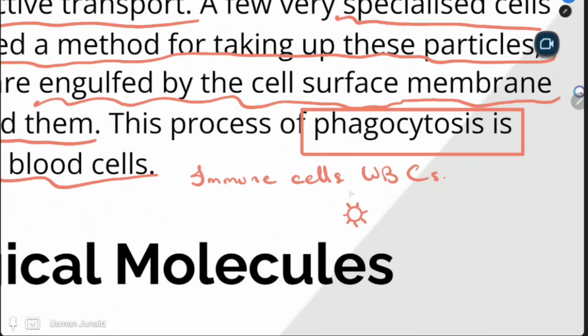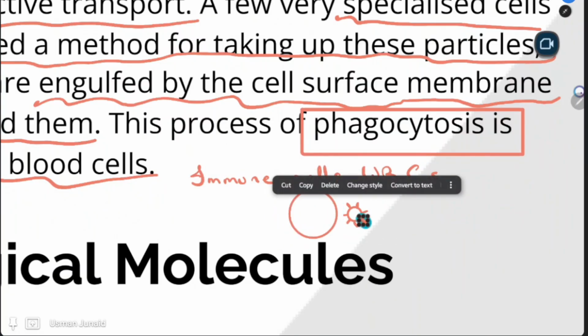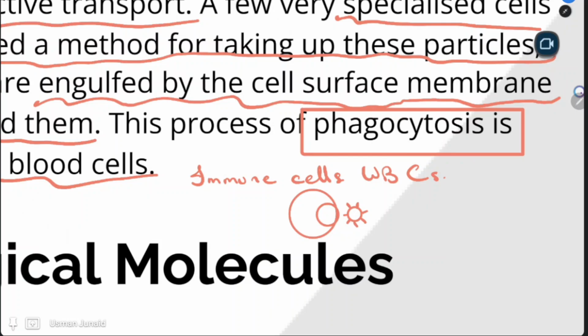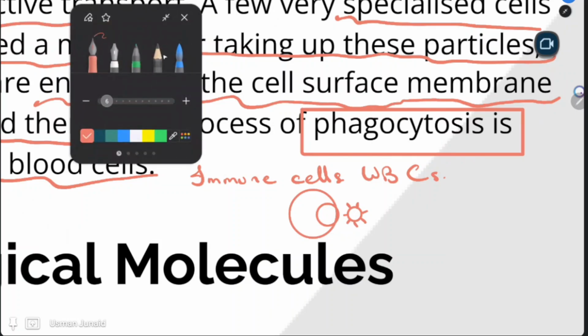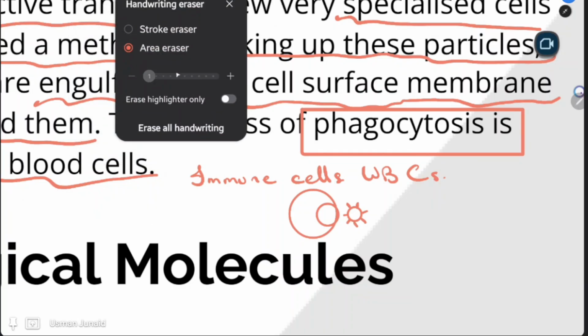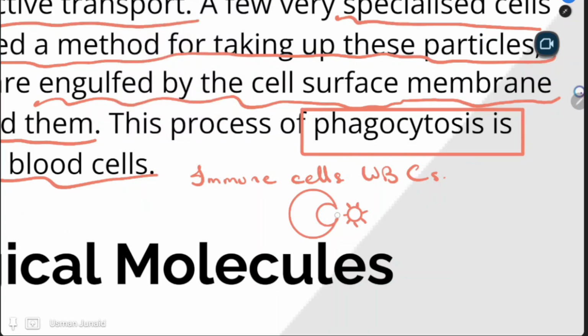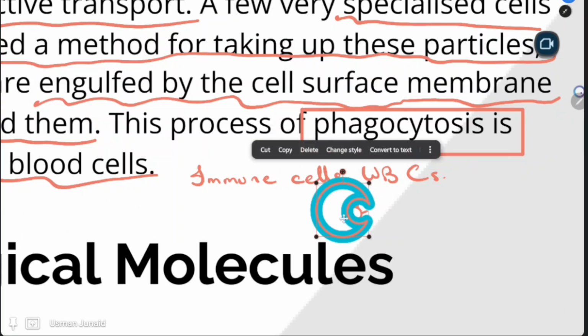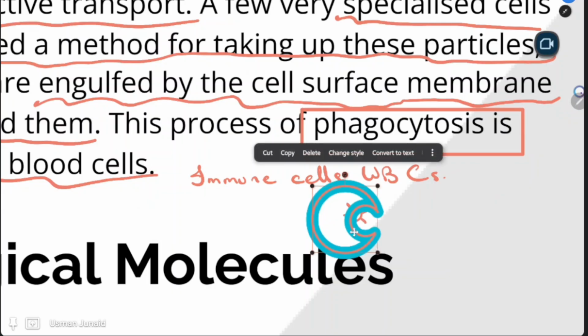So we have this cell here, and what this cell will do is it will come close and change its structure, and it will engulf this cell, or this bacteria, whatever this is.